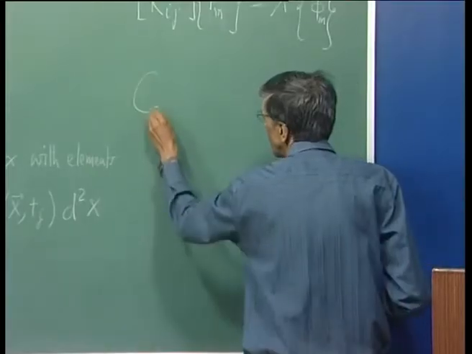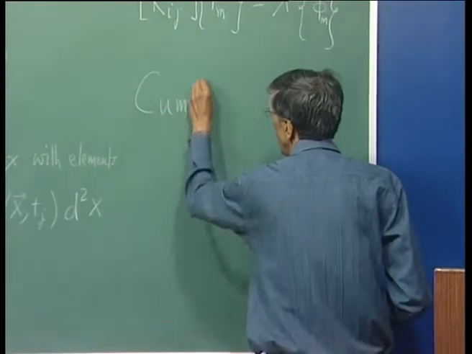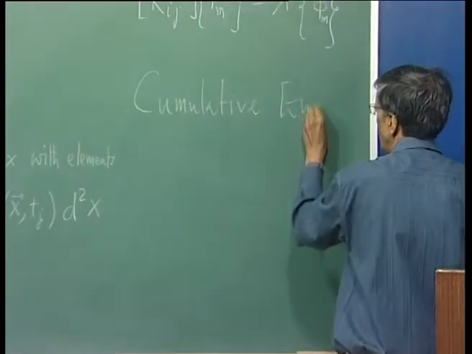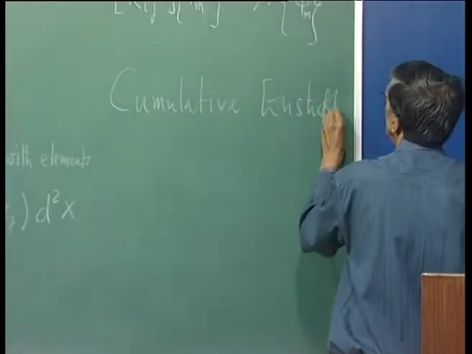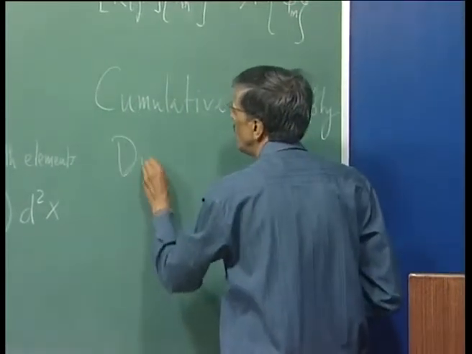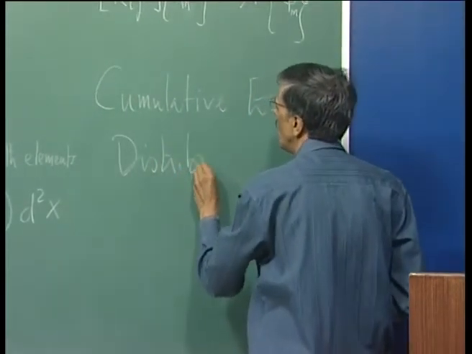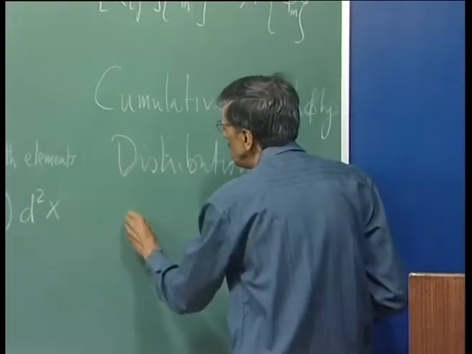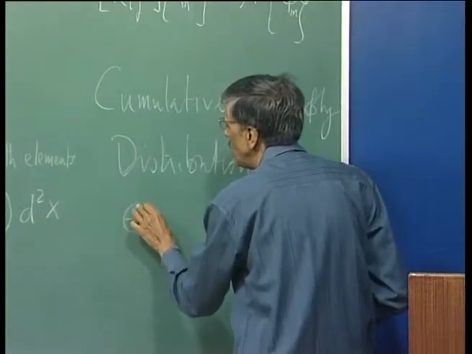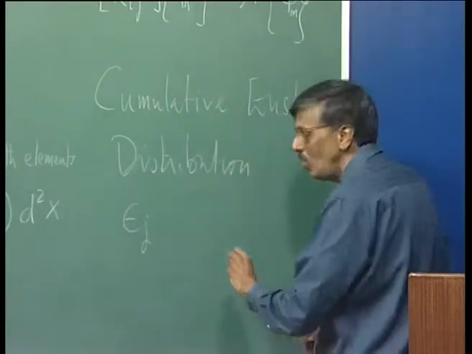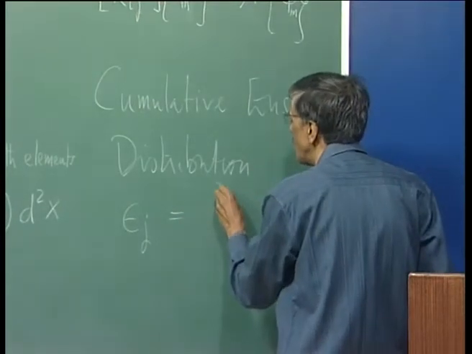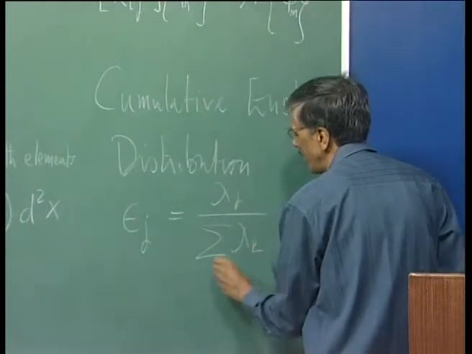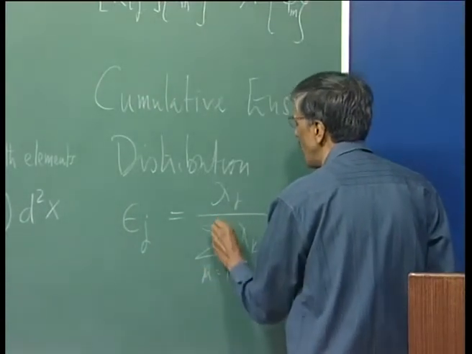a cumulative entropy distribution that basically gives you, which I may call by, let us say, number epsilon j, which would be written as lambda j divided by the summation of all lambda k going from 1 to m.